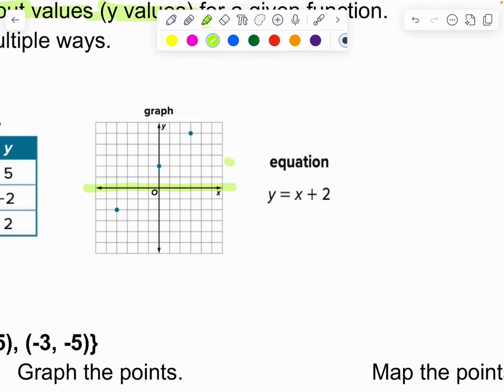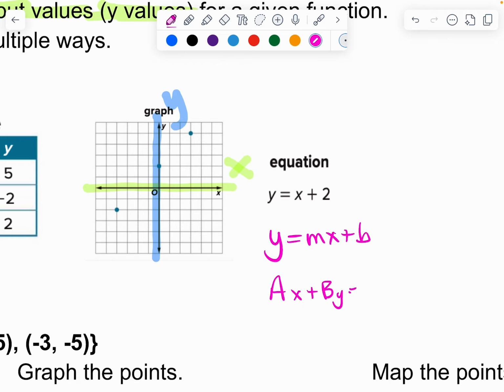X is down here, y is here. And then an equation. Remember, it's in y equals mx plus b form, or if you have it in standard form, it's ax plus by equals c.